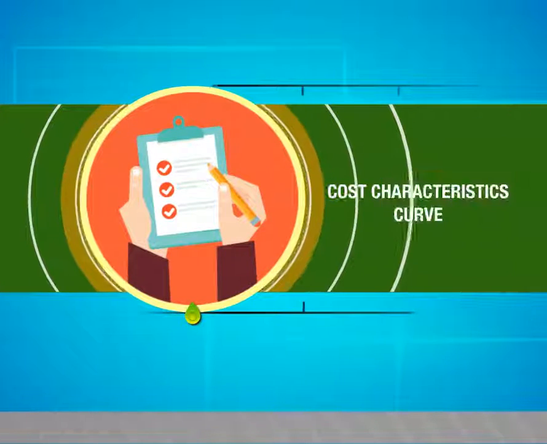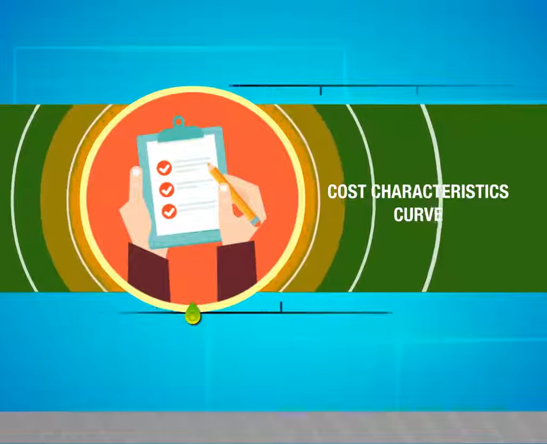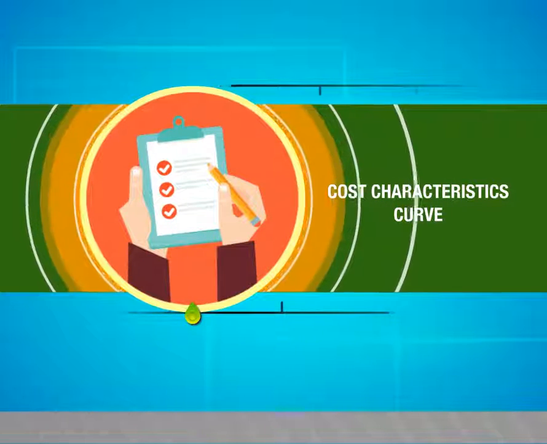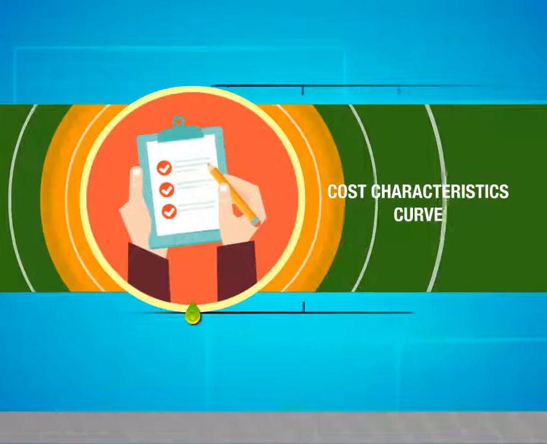Cost characteristics curve. In this video, we are going to see about the cost characteristics curve. The different phases of product development are shown along the x-axis, while the cost is along the y-axis.